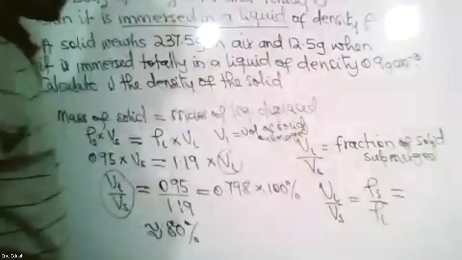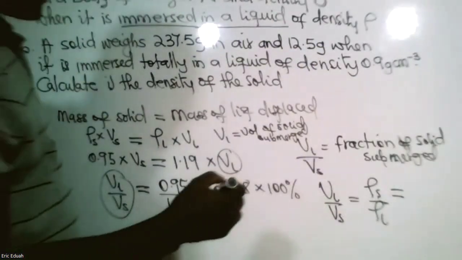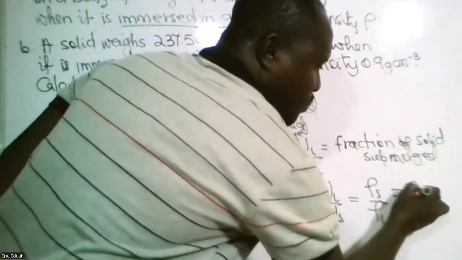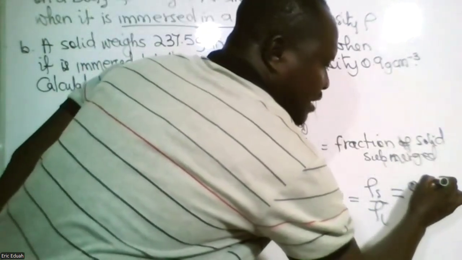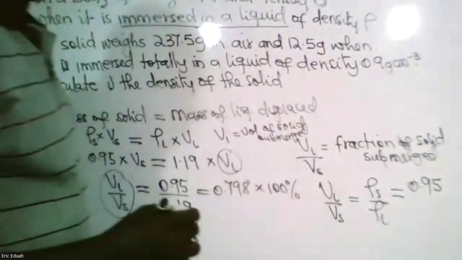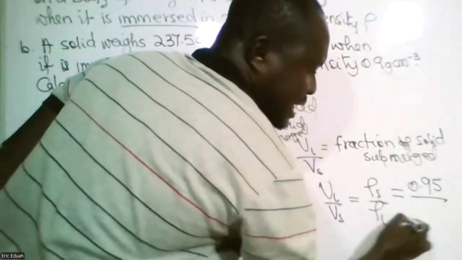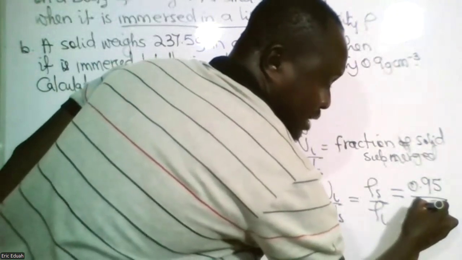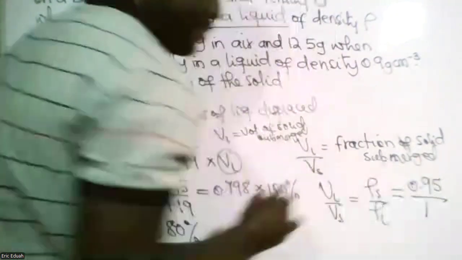Now the density of ice, which is in a solid state, is approximately about 0.95 gram per cm cube. And the density of water in a liquid state is approximately 1.